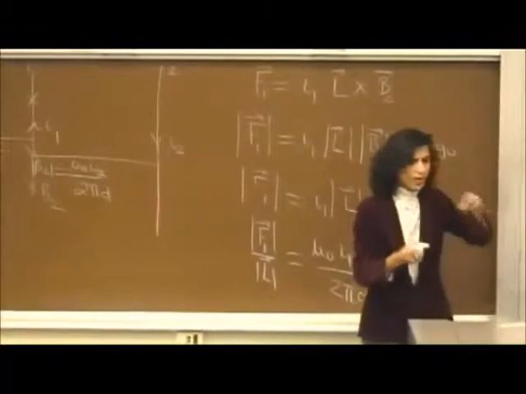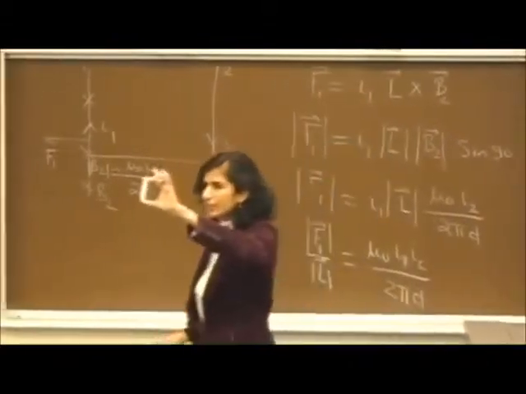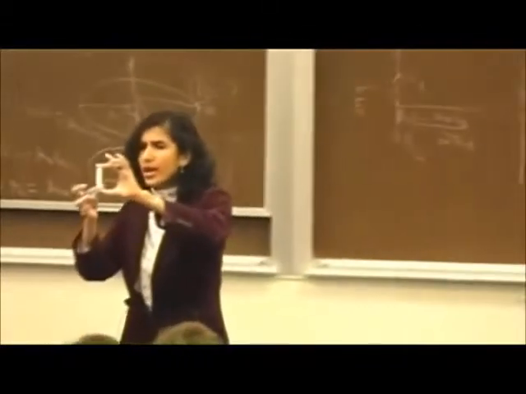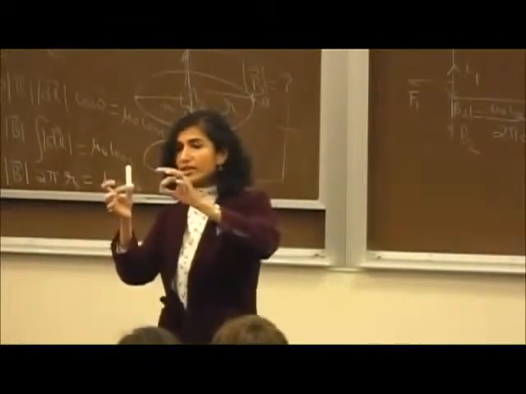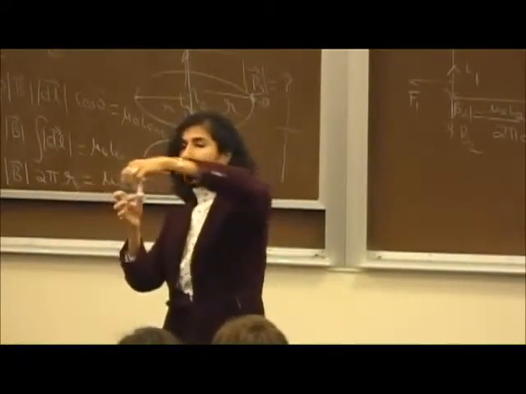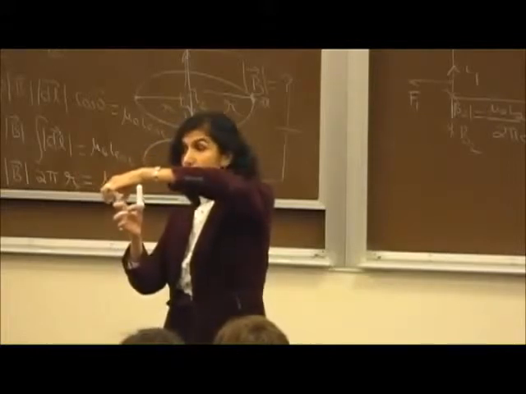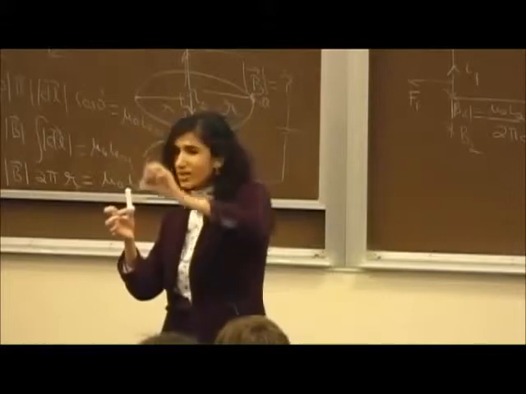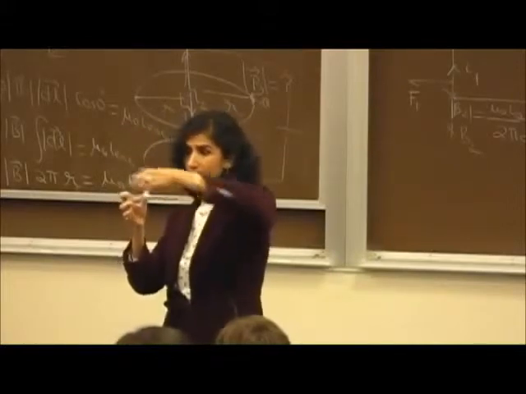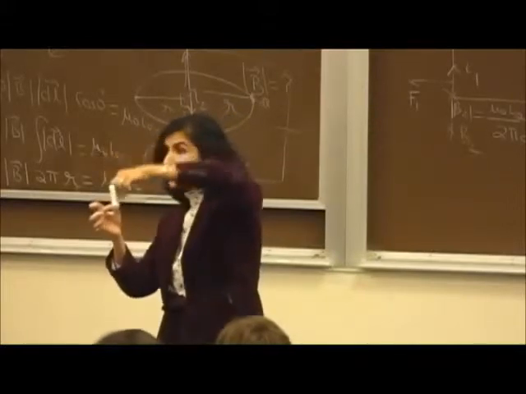So what I'm saying is that if you have a finite length wire, suppose this was the length of my wire, will you necessarily be able to say that the magnetic field at every point has the same magnitude and direction, here or here or here or here? You can't, right?